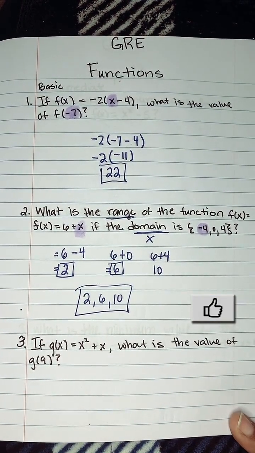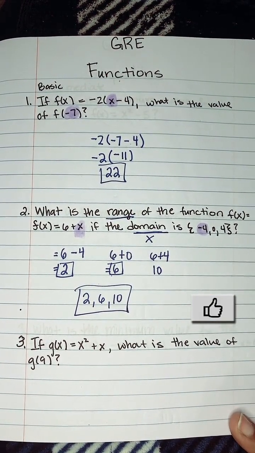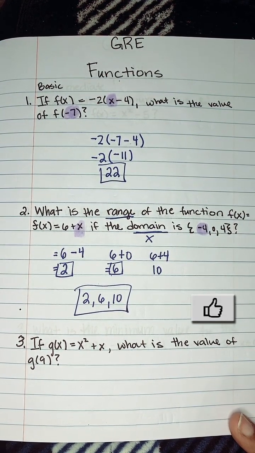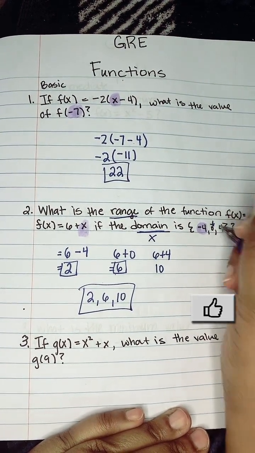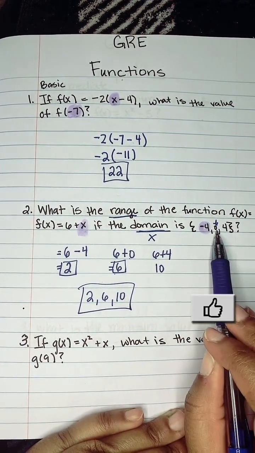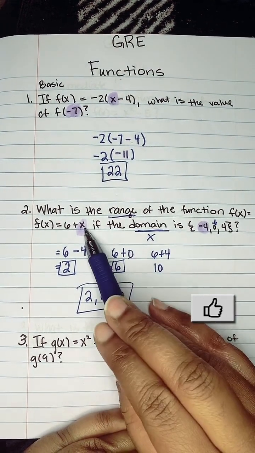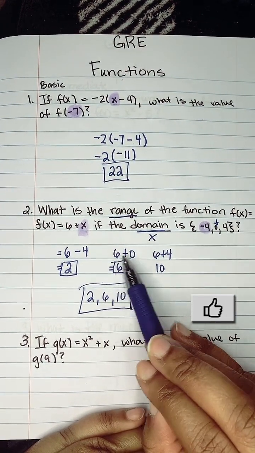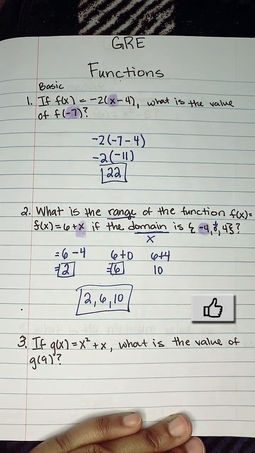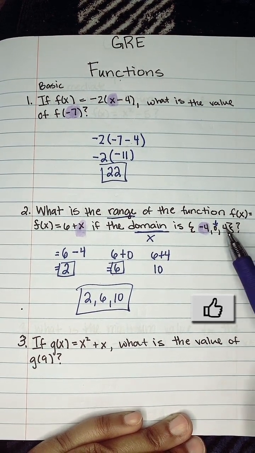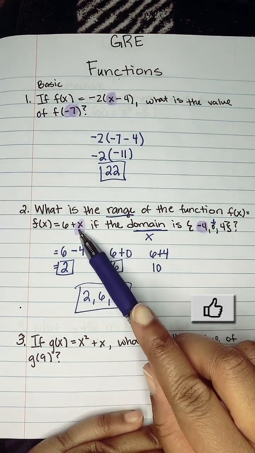That's our range. So what is the third number? Domain is -4 and y is 0. No, so the domain was 0 here because it was 0. So we plugged in 0 for the x. And when we did 6 plus 0, we got 6. So that's our range. And then when we plugged in 4 here, right?